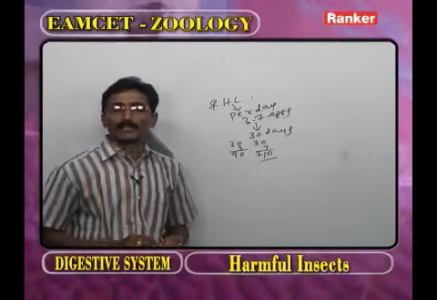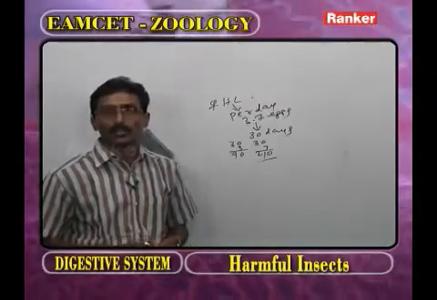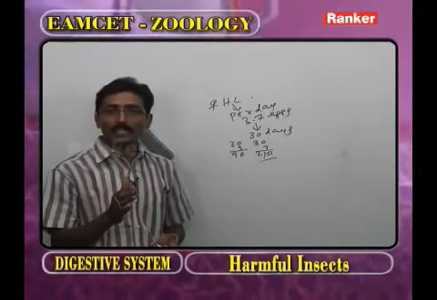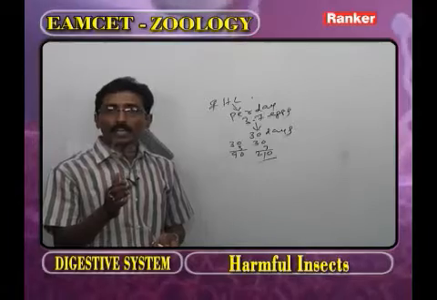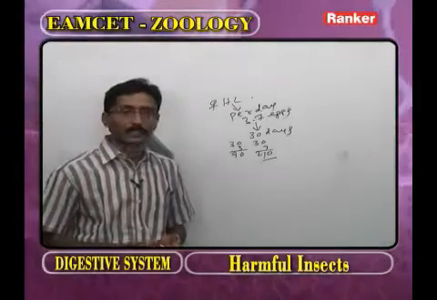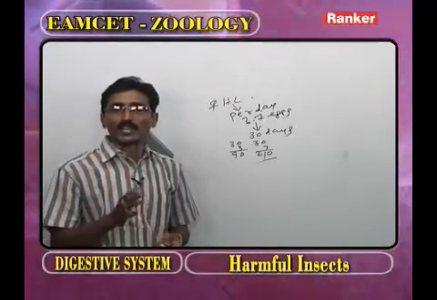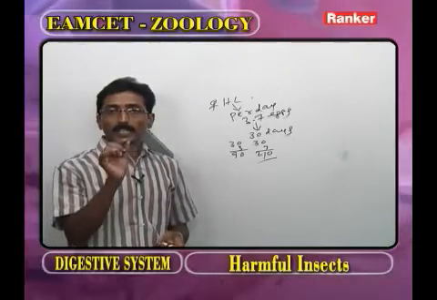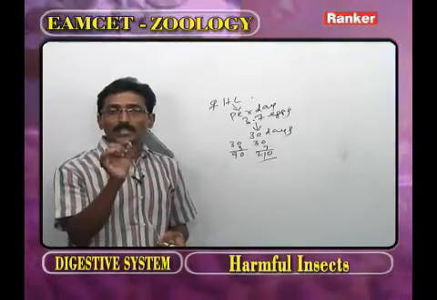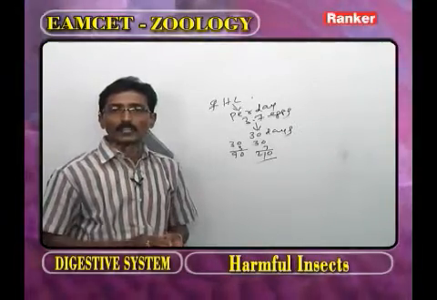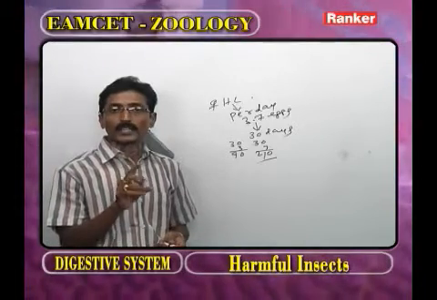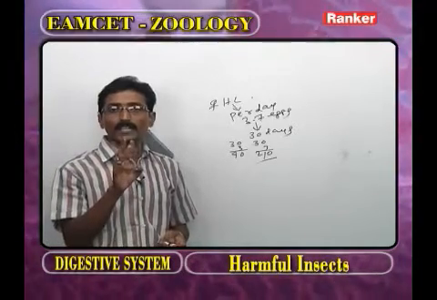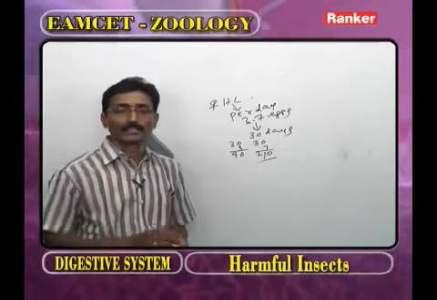Now as we observe the remaining part of cockroach, what are the repeated questions in the cockroach digestive system? In the body of cockroach, in the digestive system, the alimentary canal is classified into one foregut, second midgut, and the third we call hindgut.